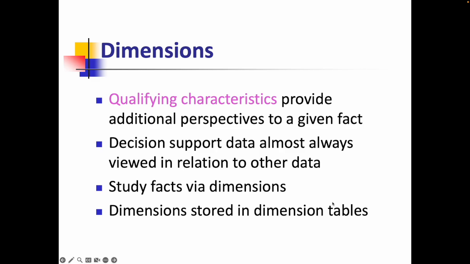Dimensions provide context to the fact. For example, if your fact is sale, then your dimensions could be product, customer, time. These are the relevant information you may need to analyze sale, okay? One fact has many dimensions, yeah.